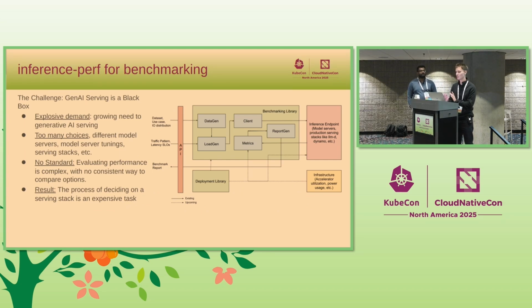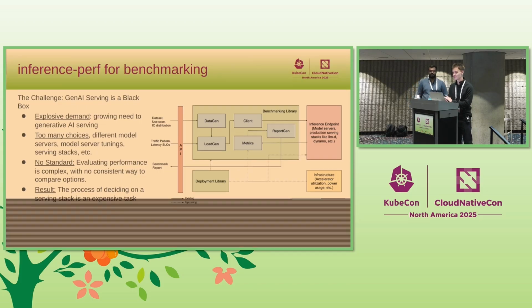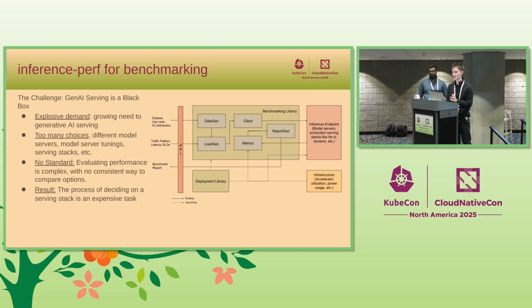So why did we build this? The core challenge is that generative AI serving is generally a black box. So even with a lot of the optimizations that Sachin was talking about, the specifics of how these affect performance, you'll generally see diminishing returns as you start to look into these in more detail.